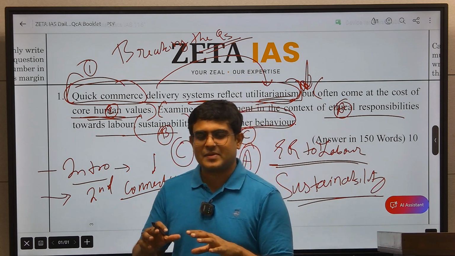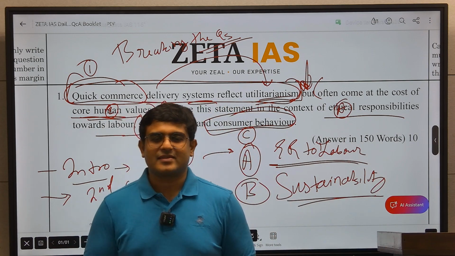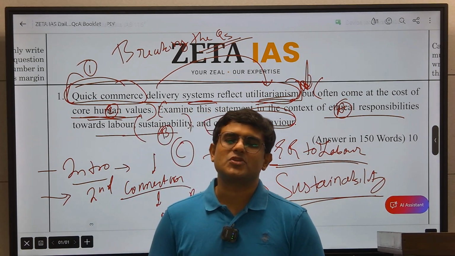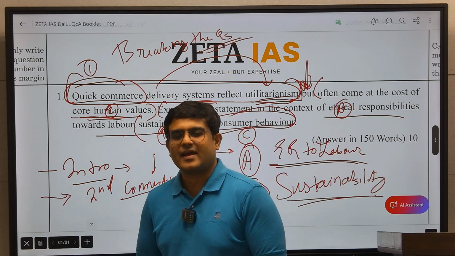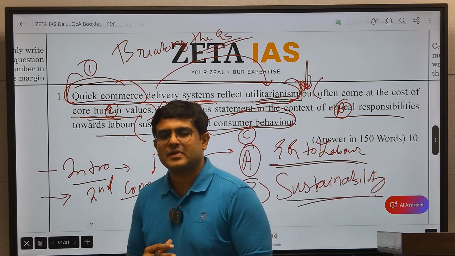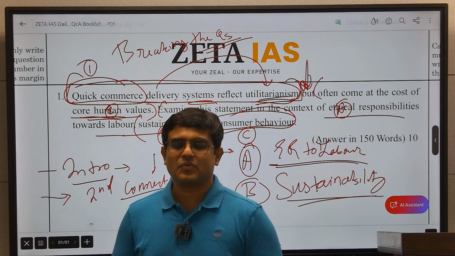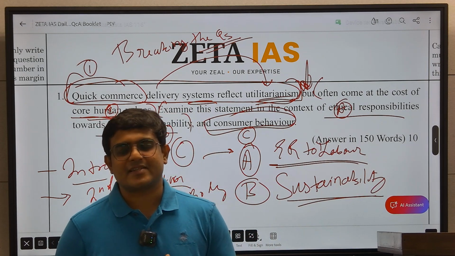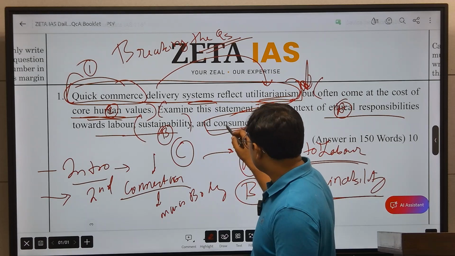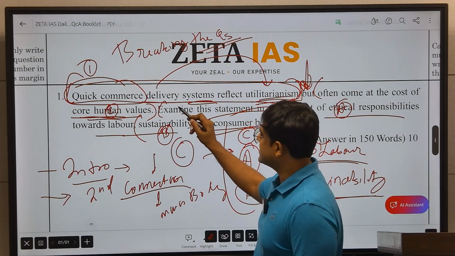Yes, there can be issues from other sides also, that some drivers may have assaulted consumers, but in most of the cases the riders have a very difficult life interacting with unknown people, so the safety of drivers is a big issue. So on these points you have to write on these three variables.